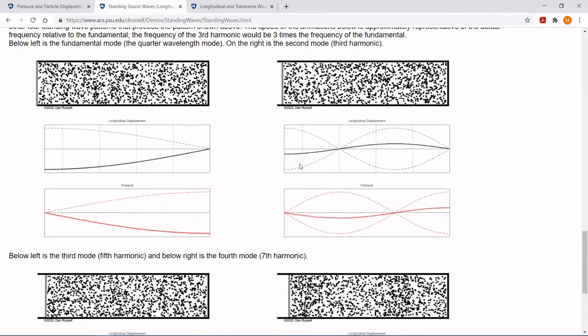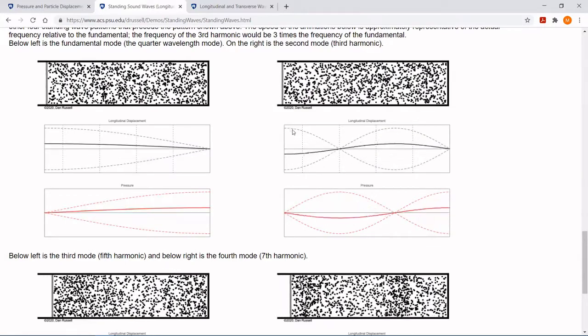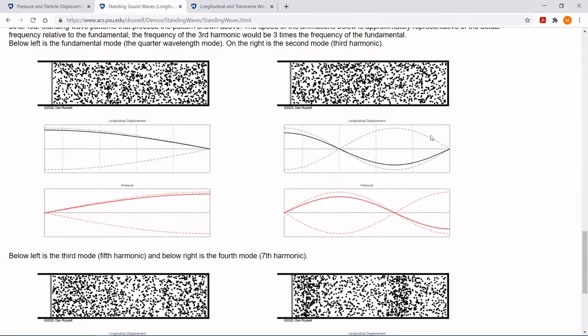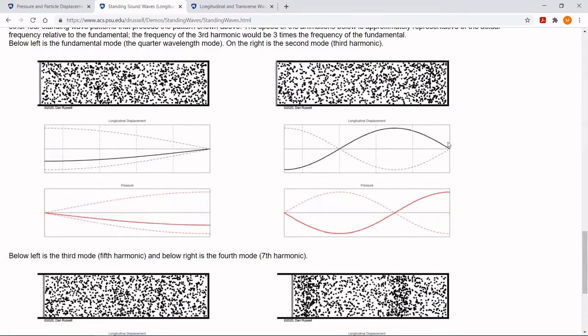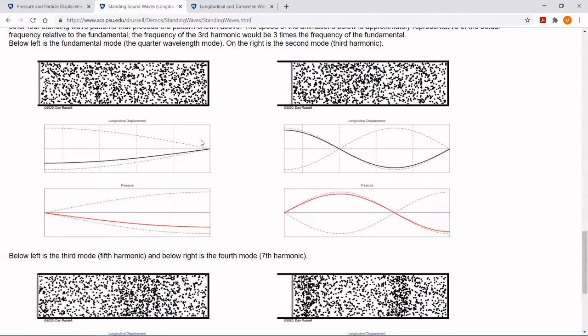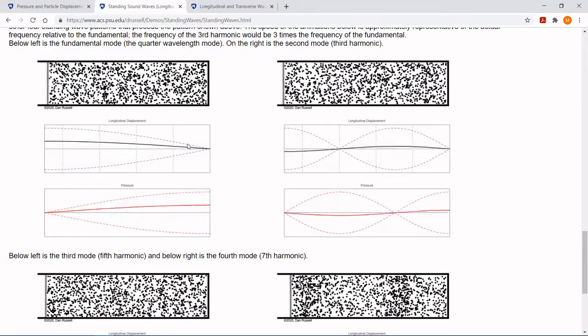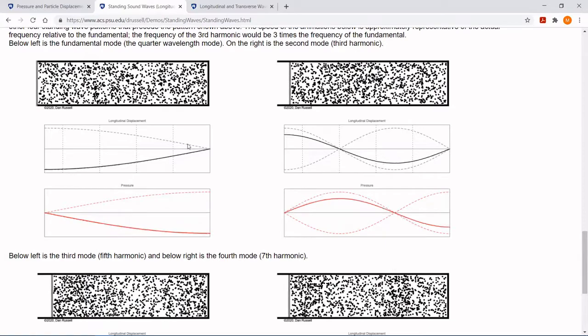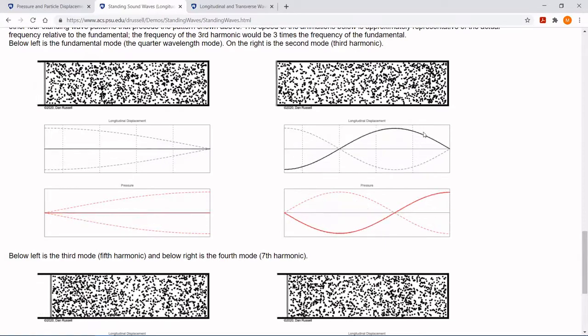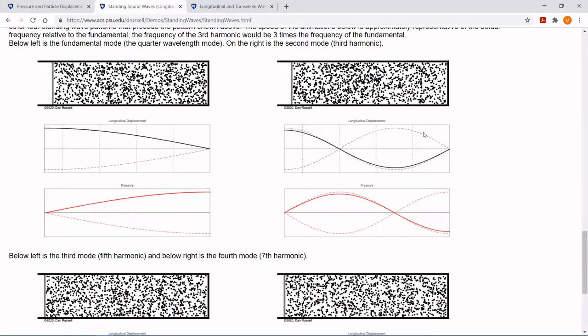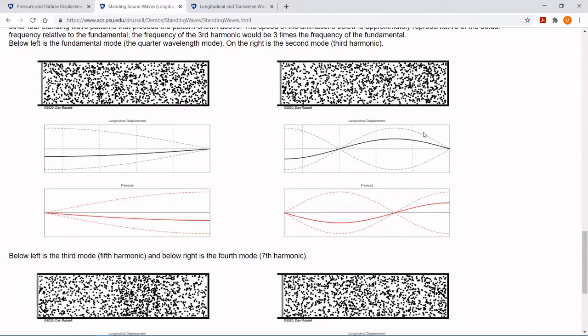And then we have an extra quarter in there. So count them up. You've got 1, 2, 3/4 of a wavelength for this mode, and only 1/4 here. So if you're thinking, why did we skip the 2/4 of a wavelength mode? Why did we go straight from 1/4 to 3/4? Try it. Try to draw a mode on paper that's got 2/4 of a wavelength.